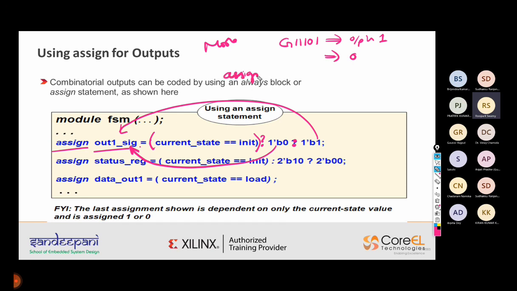I can say assign sequence detected is equal to, is current state 1101? If so, I'll make output as 1, else output will be 0. So if it is a combinational output, we can always write continuous assignment statements to implement this. Is that clear?